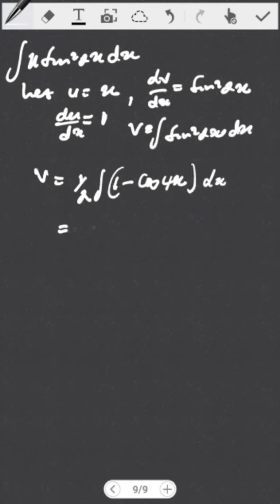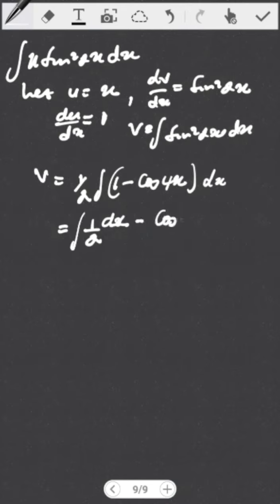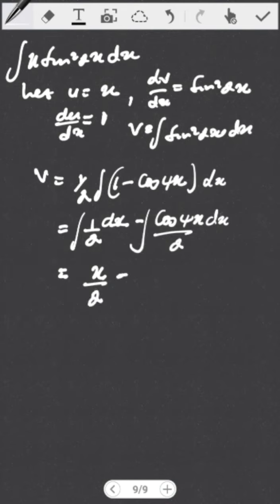Therefore this would be 1 over 2 times x minus cos of 4x over 2 dx, which would be x over 2 minus sine of 4x over 8.